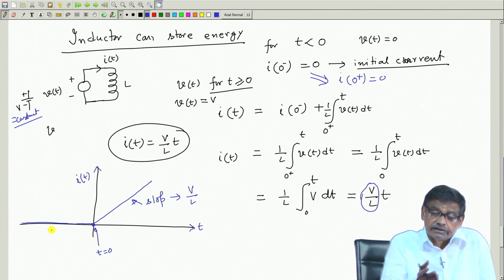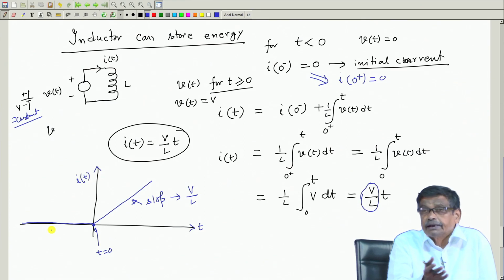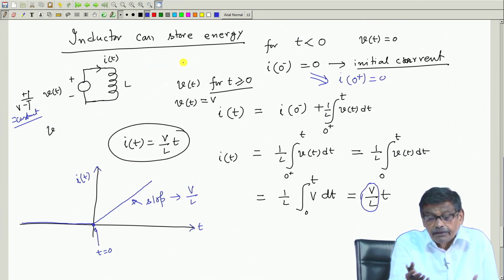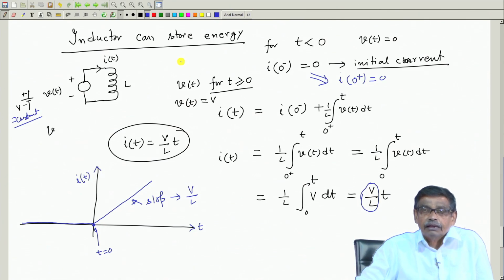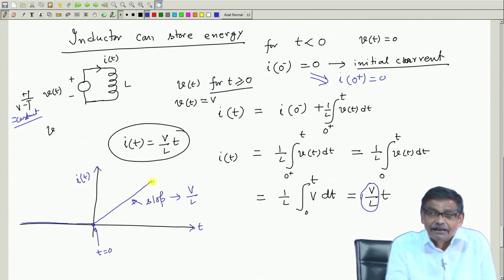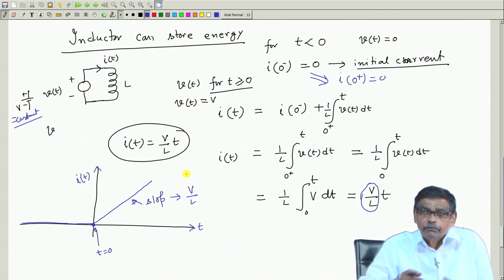Therefore, if you just keep a battery connected across a pure inductor, after some time you will see smoke come out from this coil, because your coil cannot bear this current, there will be fire.